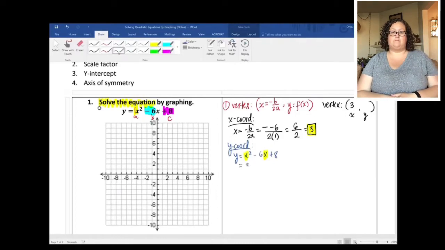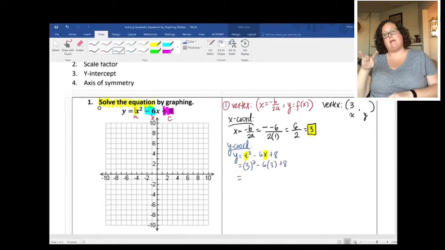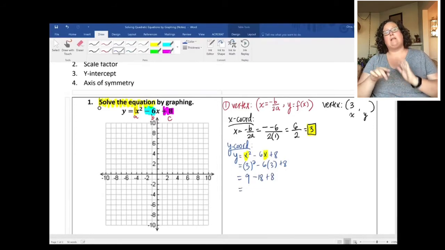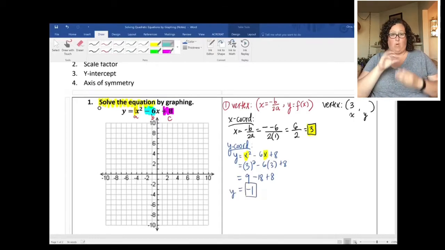That's going to give us 3 squared minus 6 times 3 plus 8. 3 squared is 9. Negative 6 times 3 is negative 18 plus 8. 9 minus 18 is negative 9, and negative 9 plus 8 is negative 1. So the y-coordinate for our vertex is negative 1.